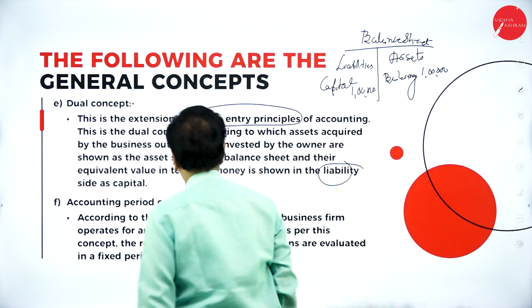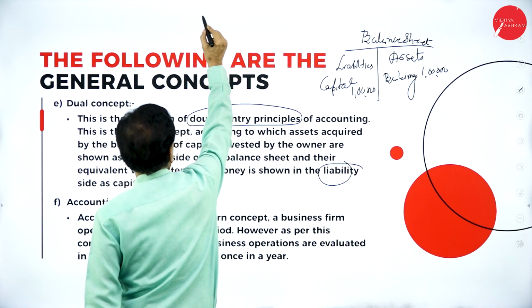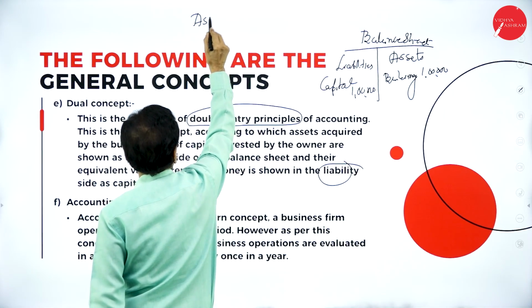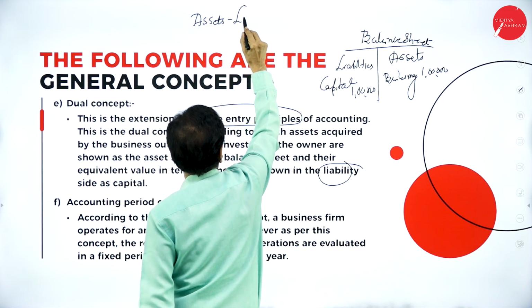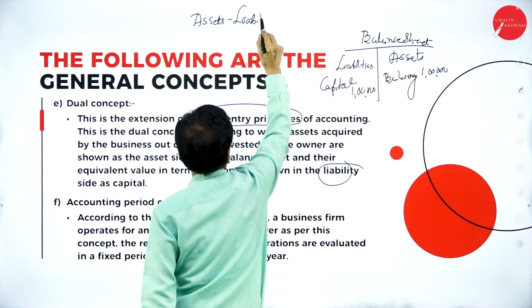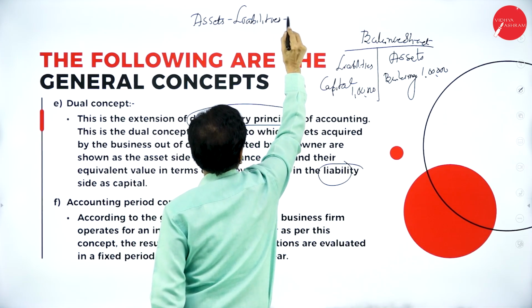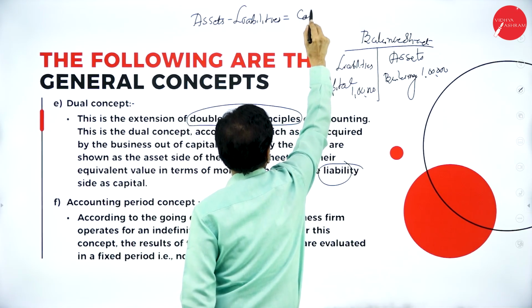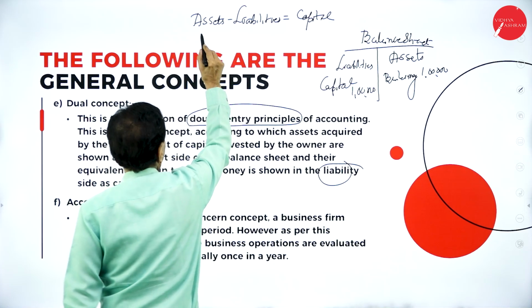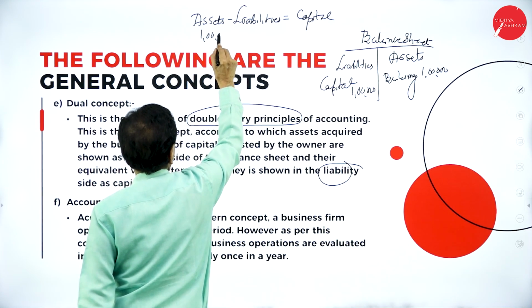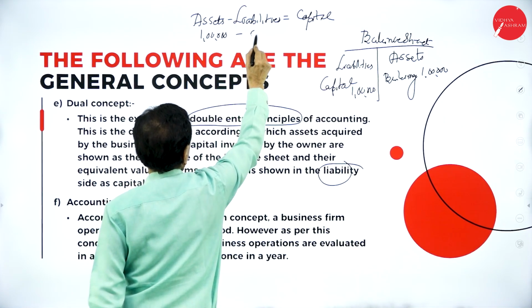So here the meaning is assets minus liabilities is equal to capital. What's your asset value? 1 lakh. What's your liability? 0.